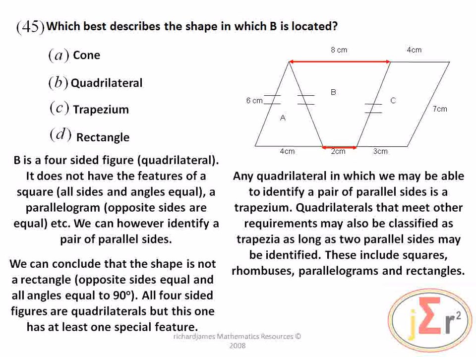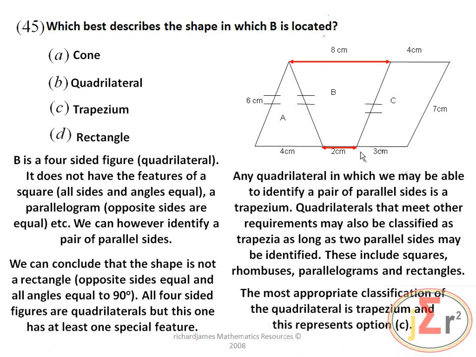All four-sided figures are quadrilaterals, but the one that we have right there in B has a special feature. The most appropriate classification of the quadrilateral is trapezium, and this is represented by option C. A trapezium will always have a pair of parallel sides.